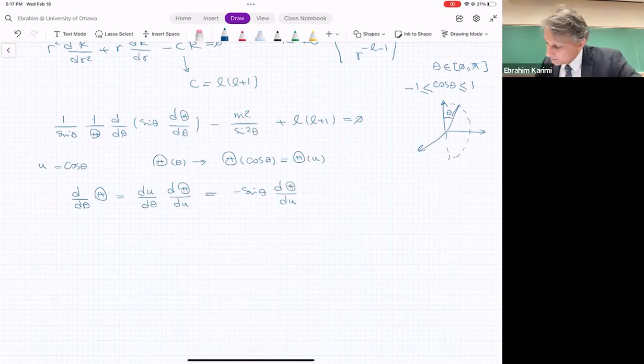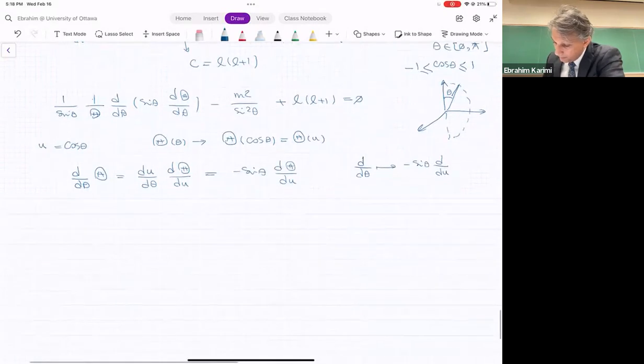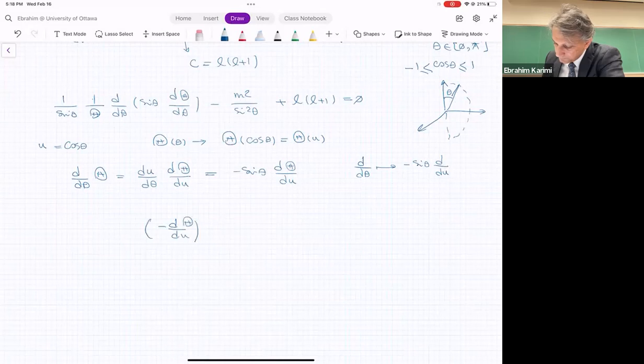So indeed, d theta can be replaced by minus sine of theta du. Let's do this. So the first term becomes minus d du of theta.